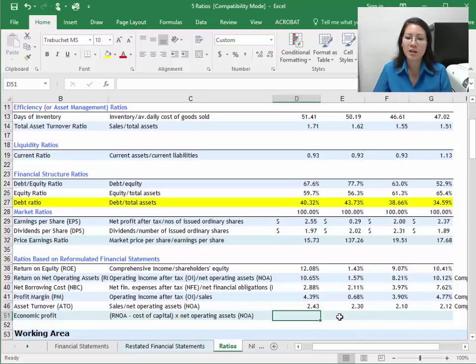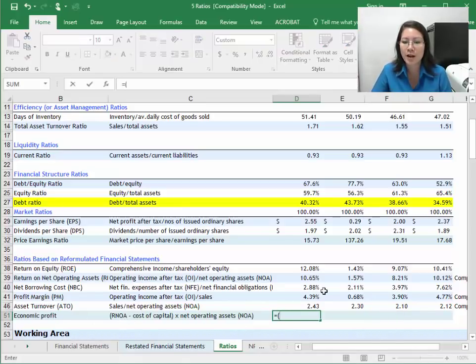So economic profit, it's very easy to calculate, but to actually explain it, you have to explain the drivers of it. So do that in terms of the 4 key drivers in the underlying mathematical equations used to calculate the economic profit, and that's explained in the study guide. Anyway, to calculate it, let's put equals, open brackets. We need to do our return on net operating assets, which is a percentage up here.